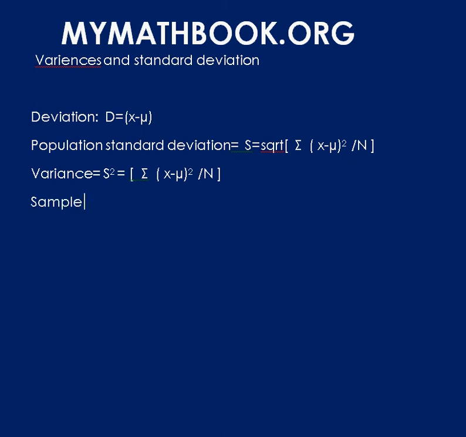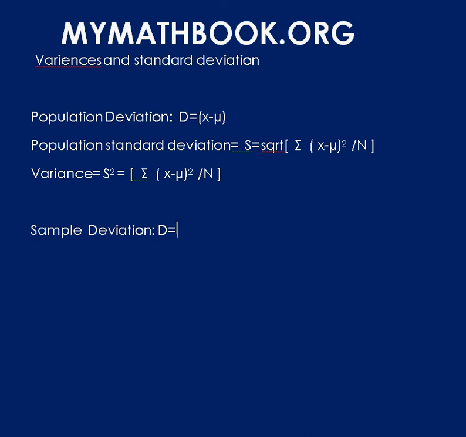Sample deviation. Well, let's do this. Let's put the population deviation, and then let's start a new one here called sample deviation. With the sample deviation here, we're going to use D, but here we're going to have any of the values.